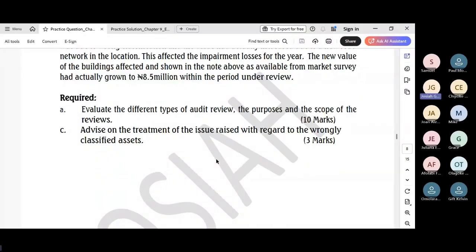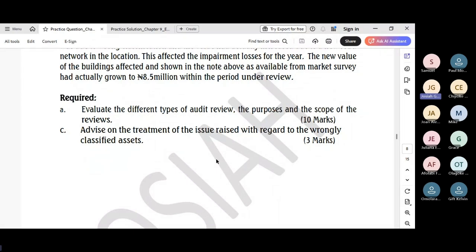So we are asked, on the A part, to evaluate the different types of audit review, the purpose and scope of the review. We have 10 marks for this first question.